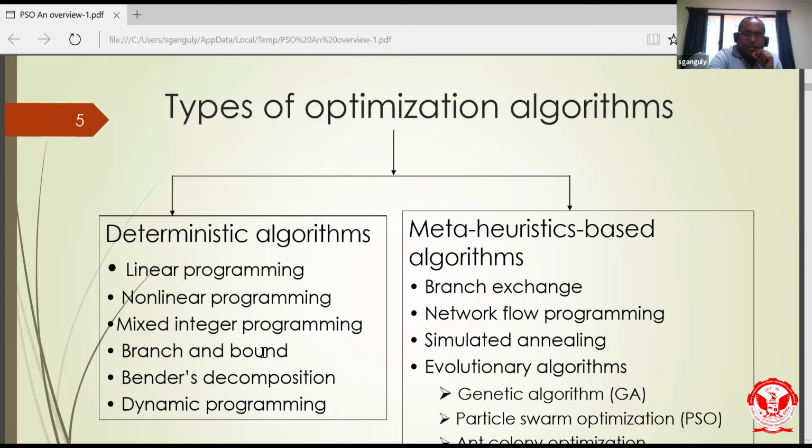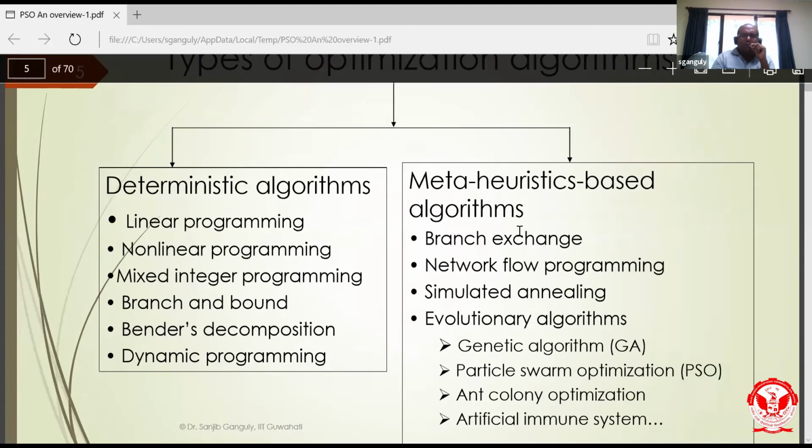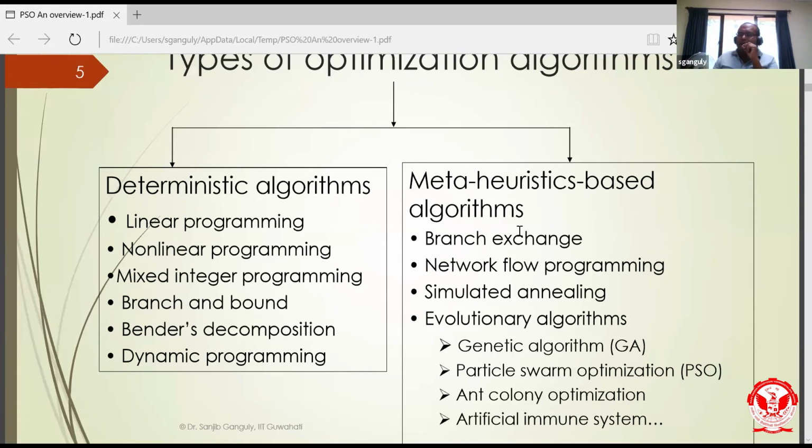But there are some approaches, some algorithms which are metaheuristic based. What do you mean by metaheuristic? Metaheuristic means they follow certain analogy inspired either by nature or by some sort of intuitive idea.